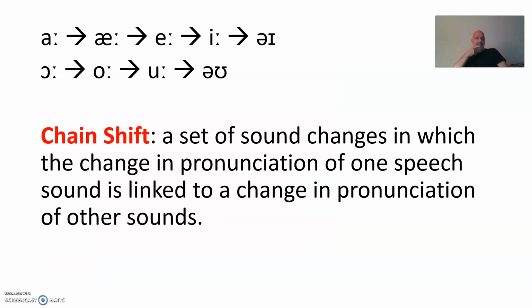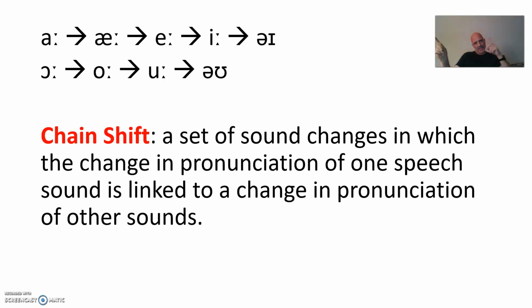The thing is, what we have to ask ourselves is why and how did this come about? It's a chain shift, which means a whole chain of vowels changes, on the velar and the palatal side, and therefore we speak of a chain shift. The set of sounds changes.